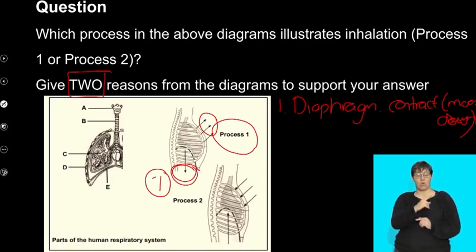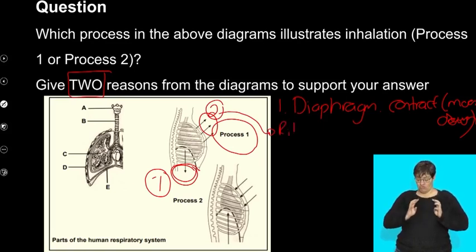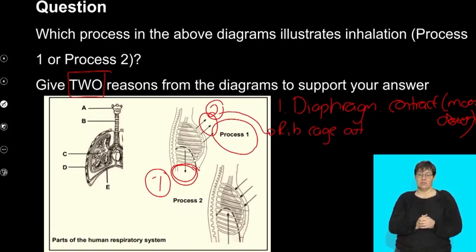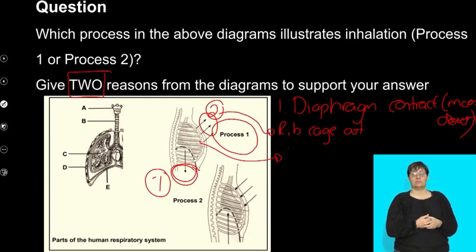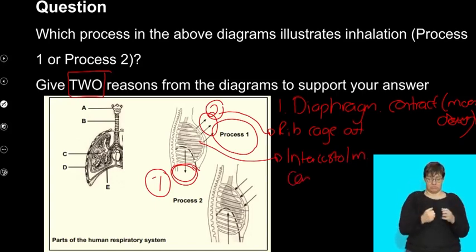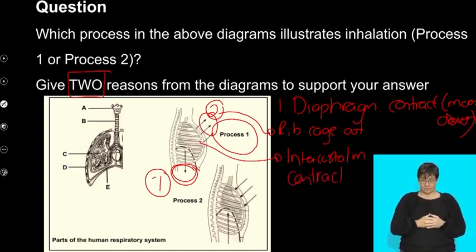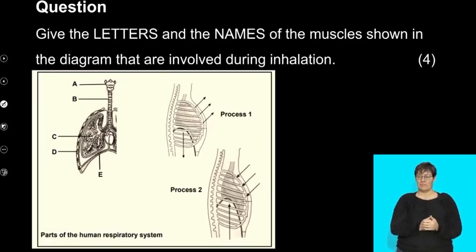The next one over here, we see that the rib cage is moving out. And the rib cage can only move out if we link it to the intercostal muscles contracting. Right, so there we go. What were the two visible reasons? The same visible reasons that led me to understanding which process was 1 and 2.